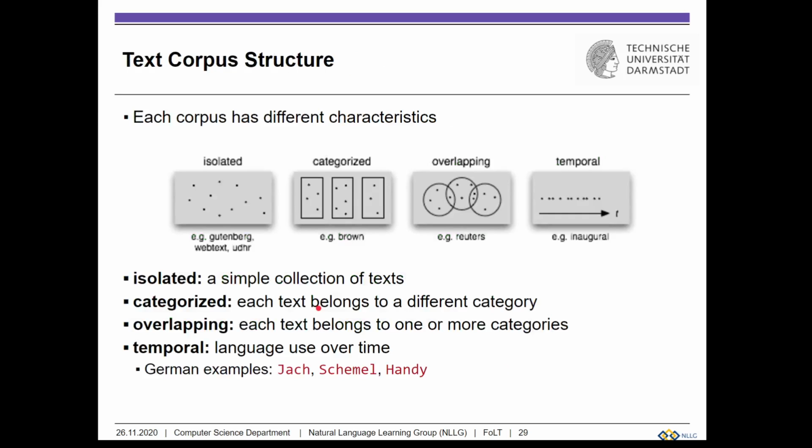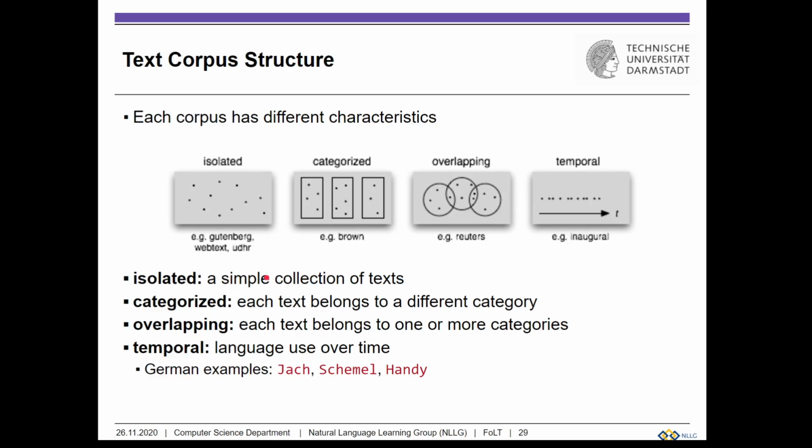If we compare the structure of different corpora, we can classify them into certain high-level characteristics. In this case, we group them along 4 dimensions, namely isolated, categorized, overlapping, and temporal. Isolated is a simple collection of text without any annotation.